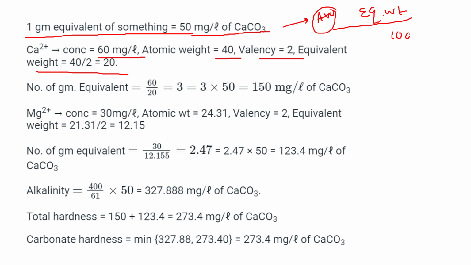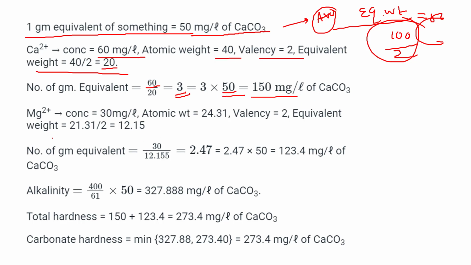The molecular weight of CaCO3 is 100 divided by valence 2, which equals equivalent weight 50. So the number of gram equivalents will be 60 upon the equivalent weight 20, which is 3, and in terms of CaCO3 it becomes 150 mg per liter of CaCO3.